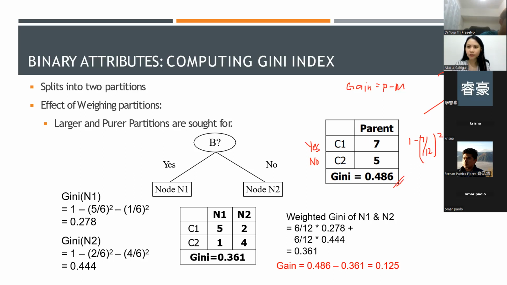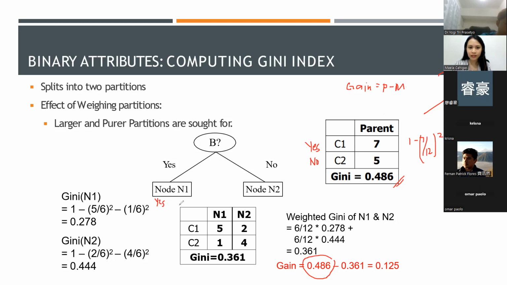So this is already your Gini index for the parent. We've already calculated this part. And how about for the offspring? We can also calculate it by, again, identifying the yes and no for this part.